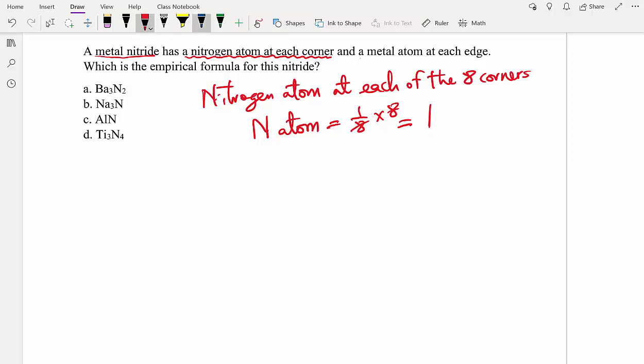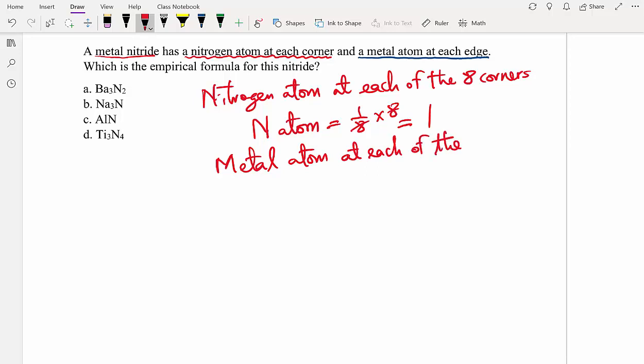The question goes forward. And a metal atom at each edge. A metal atom at each of the 12 edges in a unit cell.